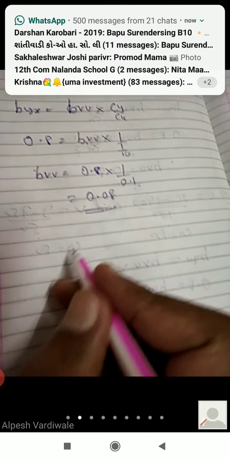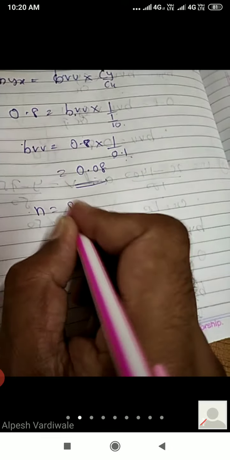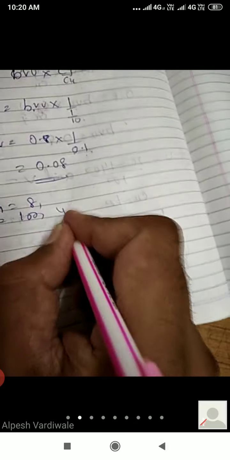So now what is given here? Question number 13. The number of observations is given, that is 8. So n is equal to 8 is given. Means, x bar is given 100, y bar is given 100.